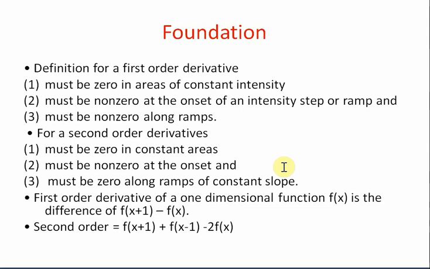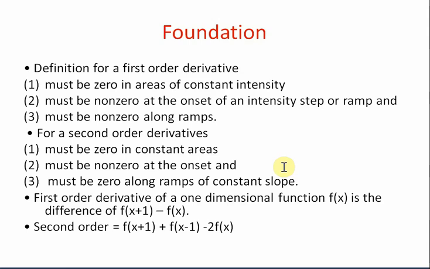Here, for a one dimensional function, not two dimensional, consider a one dimensional signal f of x. What is d by dx of f of x? For the discrete signal, d by dx of f of x is nothing but f of x plus 1 minus f of x. Okay, right?